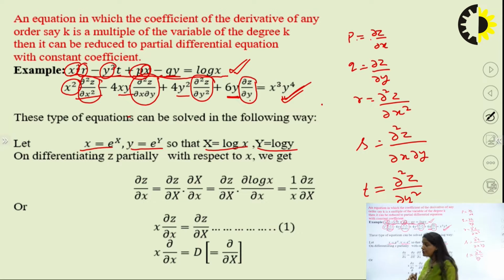Now what do we want? We want to reduce our equation into PDE with constant coefficient. It means anyhow we want to remove this x square.